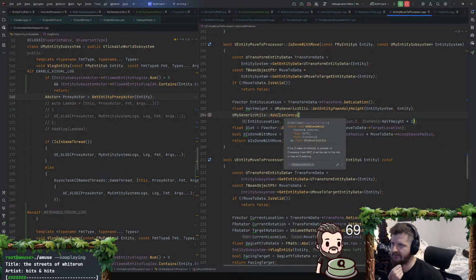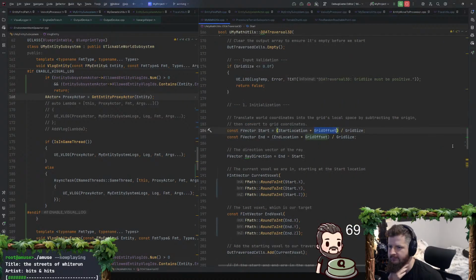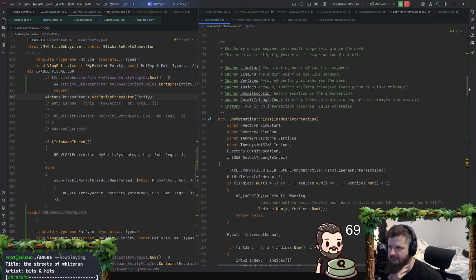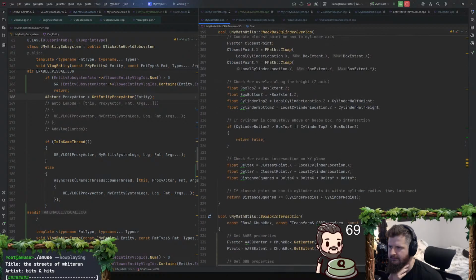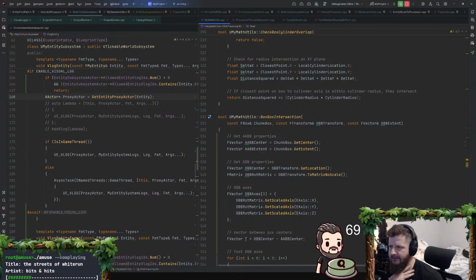Do I have a function for a sphere cylinder overlap? I don't think I do. I have box cylinder.